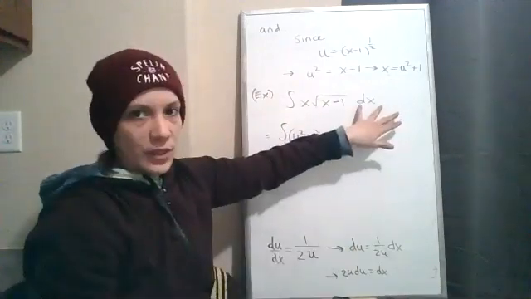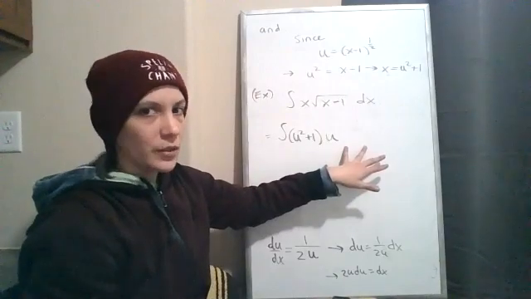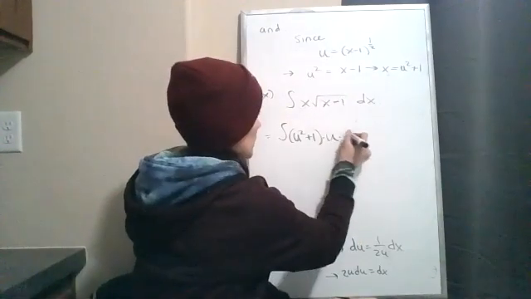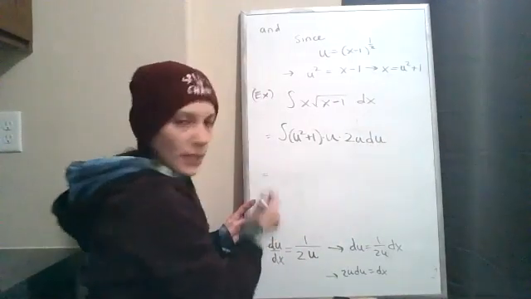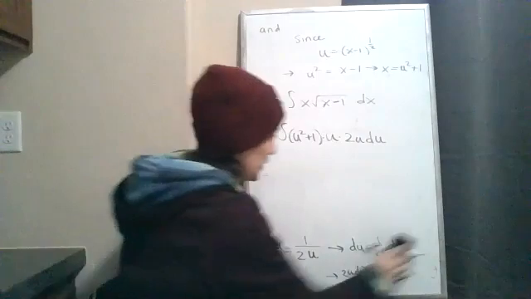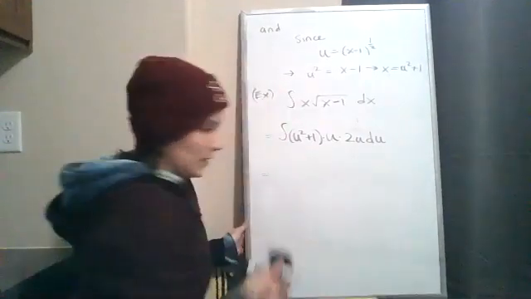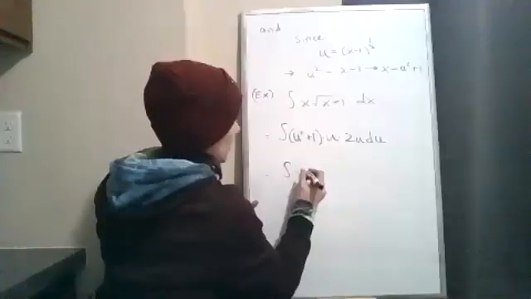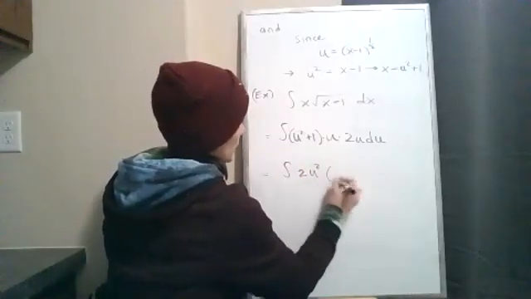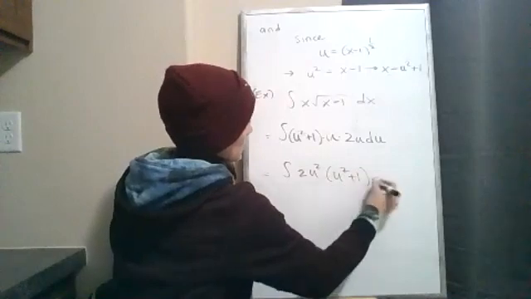And with the scratch work, we got dx to be 2u du. Okay, so then we can just keep on working through this. Integral of 2u squared times u squared plus 1 du.